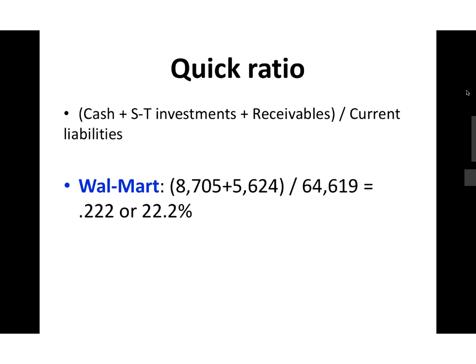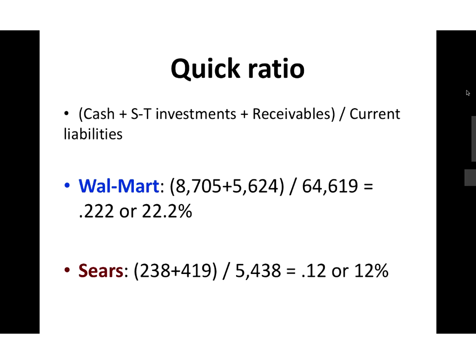Now, Sears. Remember, Sears was in better shape. At least it had positive working capital, and it had a current ratio above 1. Now, this one is saying, let's take inventory out of the picture for Sears. With inventory out of the picture, it's only 12%. So if you don't count Sears' inventory, it really will struggle to pay. It's got to be selling inventory to be paying its bills.